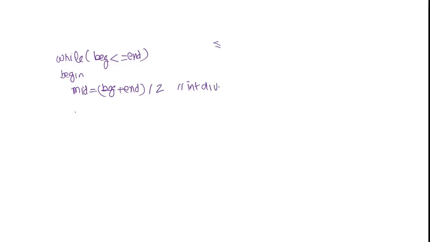Then we have to compare the number: num is equal to a of mid. If the number is found, then here we have to write location is equal to mid plus 1, or you may also write location is equal to mid, no issue in that. And we have to come out of this algorithm.